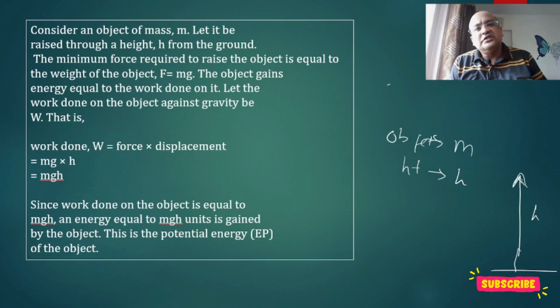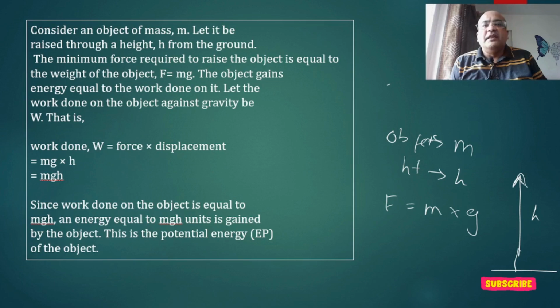That is the force which is required. We know that force is mass into acceleration, and here it is g, the acceleration due to gravity. The object gains energy equal to the work done on it.